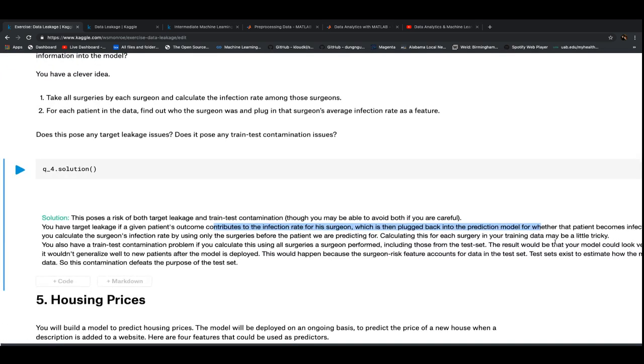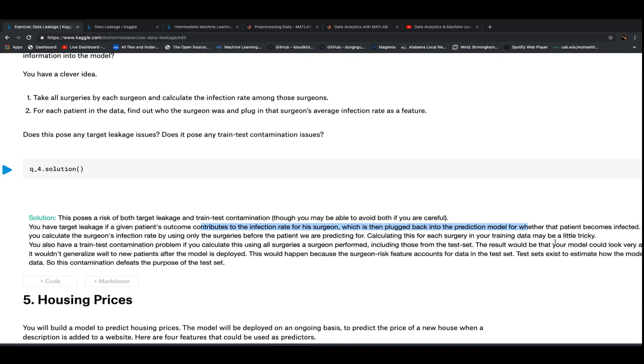You can avoid target leakage if you calculate the surgeon's infection rate using only the surgeon's surgeries before the patient we are predicting for. Okay, so that's what Ravi mentioned. As long as you don't include the current patient in this infection rate, then you should be fine there.